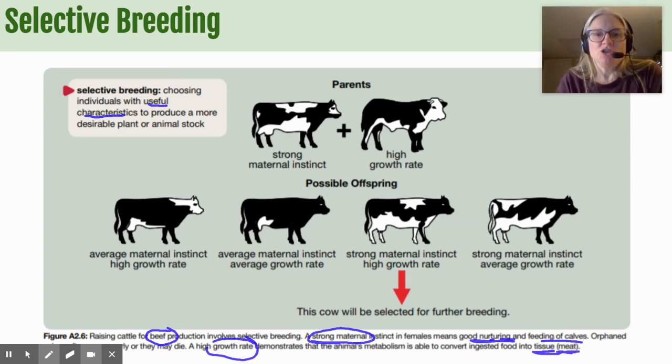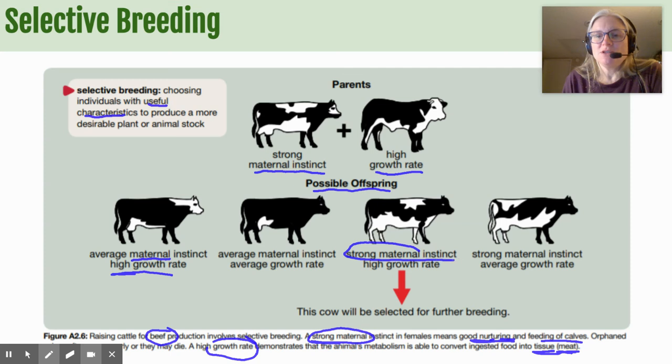So you're going to look at two parents here. You have a mother with a strong maternal instinct and a father with a fast growth rate, and they are going to reproduce. And here are some of the possible offspring down below. So here's an average maternal instinct with high growth rate. But what you want is to find the strong maternal instinct and the high growth rate offspring.